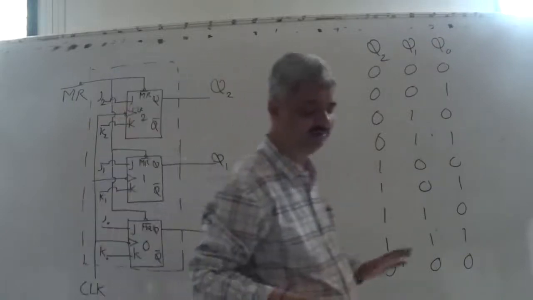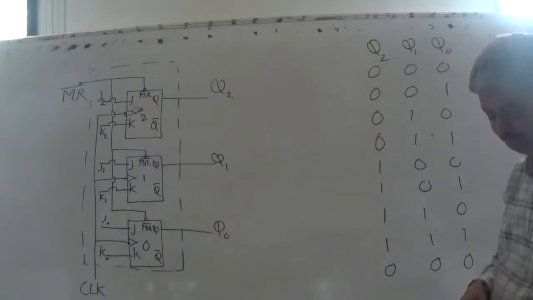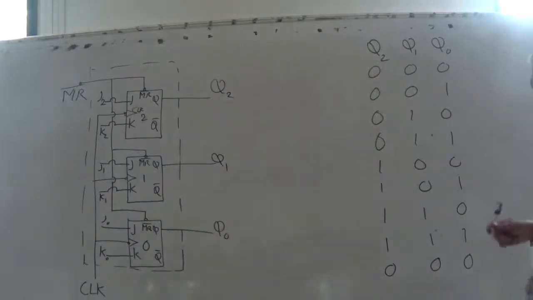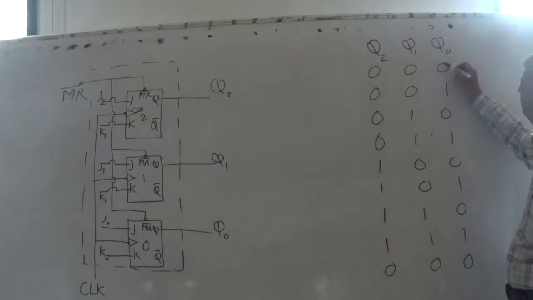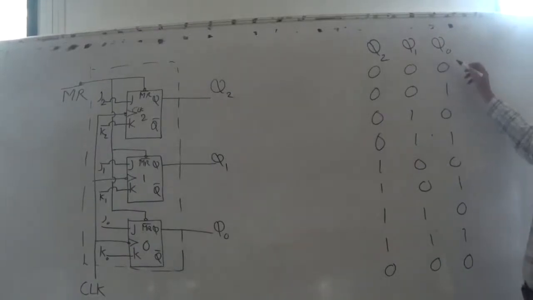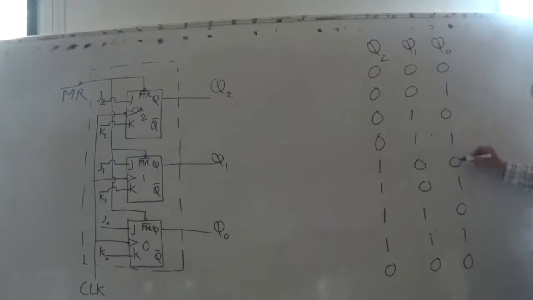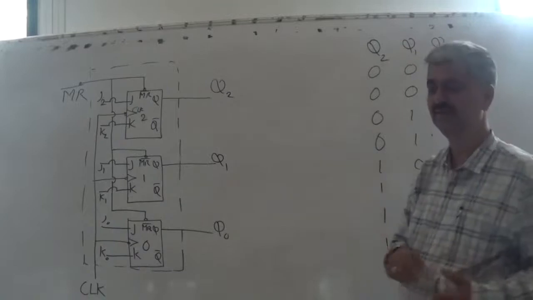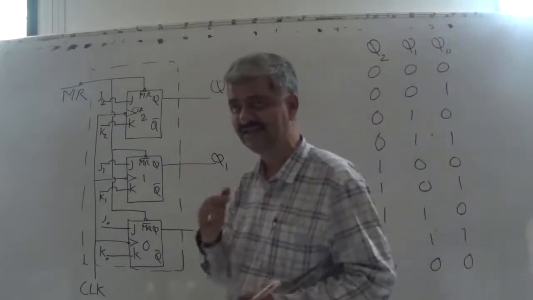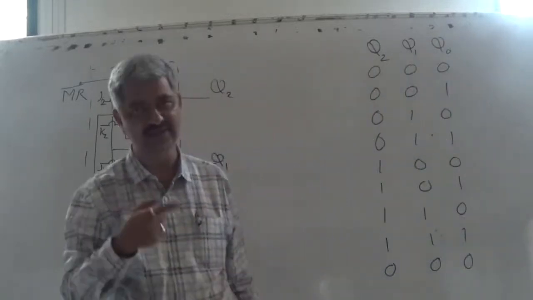What is the pattern? I observe very clearly. Q0 is 0, 1, 1, 0, 0, 1, 1, 0, 0, 1.